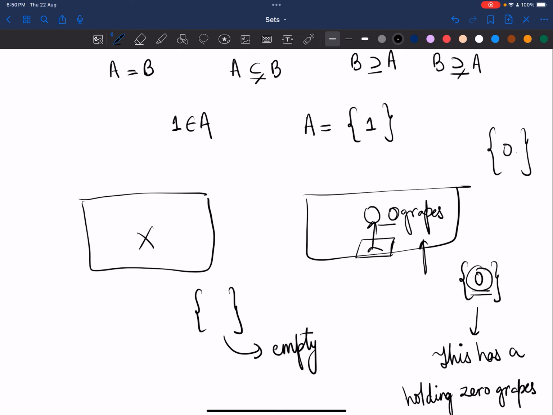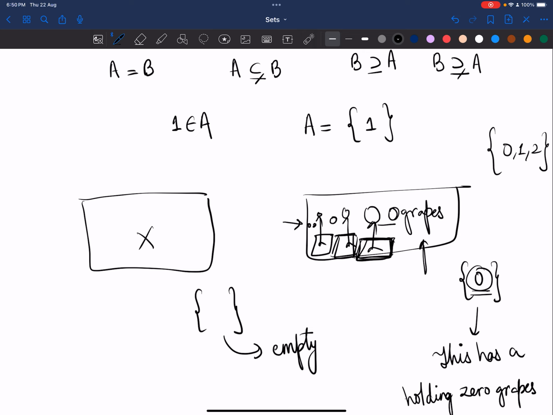And if I write 1, then I have a position for another man, okay? And we're creating space for a person here. And yes, they have 0 grapes. If I write 1, you have space for another person and they have 1 grape. If I write comma 2, then there is another space being created in this room and there is a man with 2 grapes.